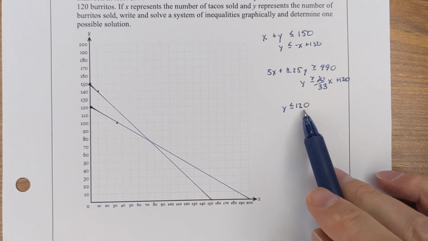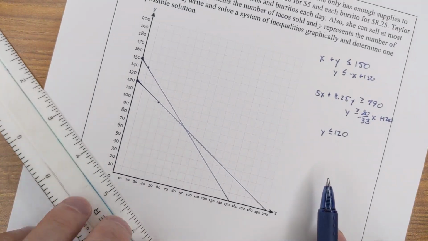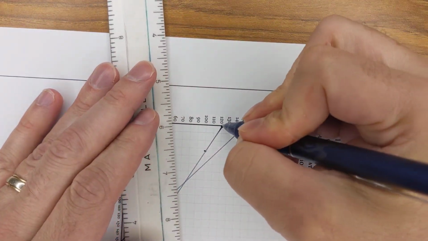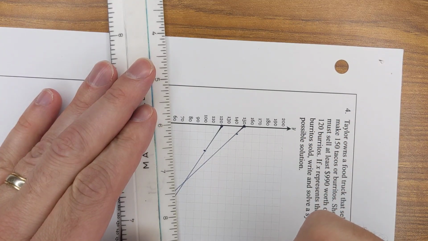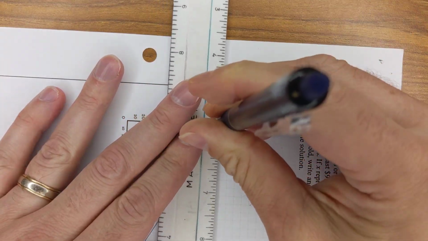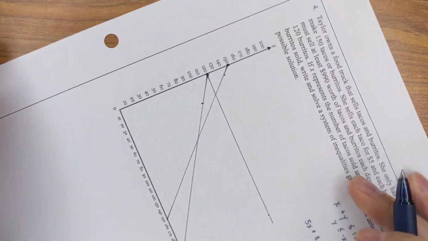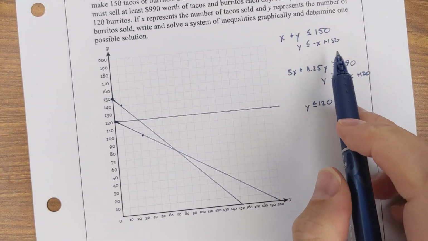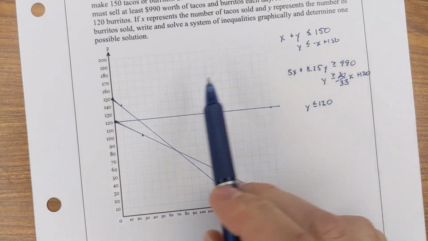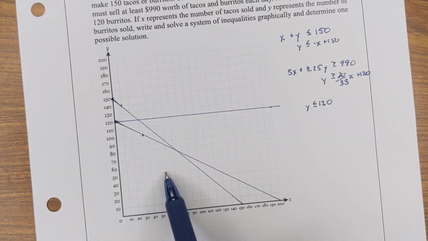And the last one, y less than or equal to 120. So y only is a horizontal line at 120. Okay, so let's see here. We've got to be below the line that starts at 150, so underneath it.